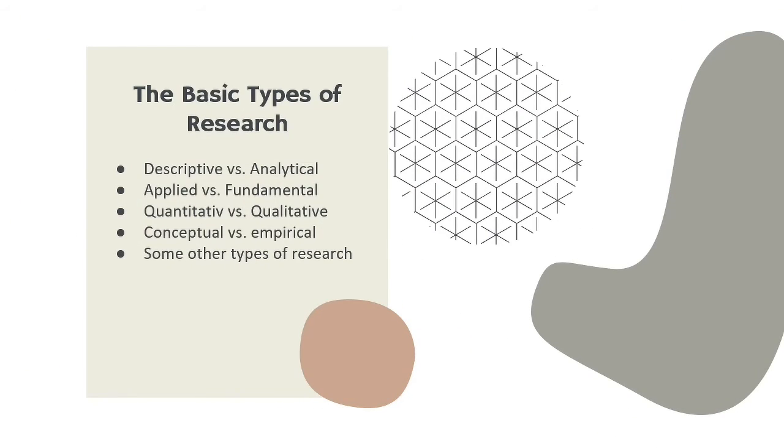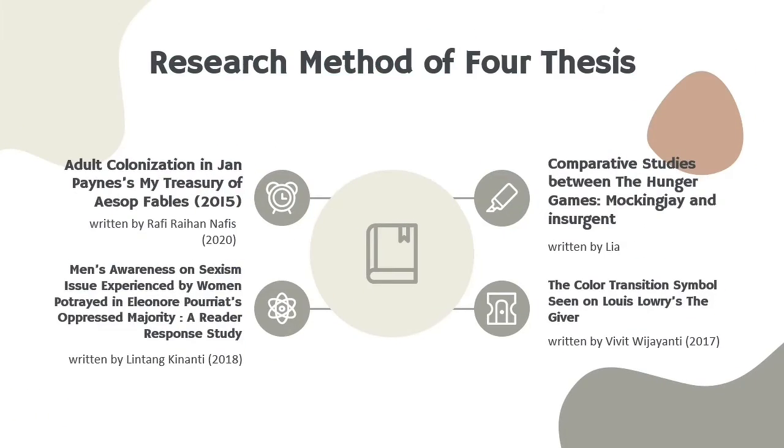And these are the basic types of research. The first is descriptive versus analytical, then applied versus fundamental, then quantitative versus qualitative, and conceptual versus empirical, and the last is some other types of research.